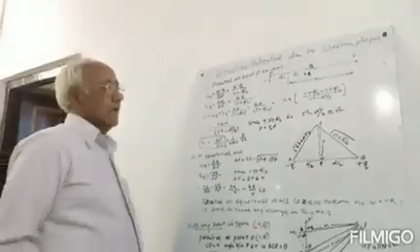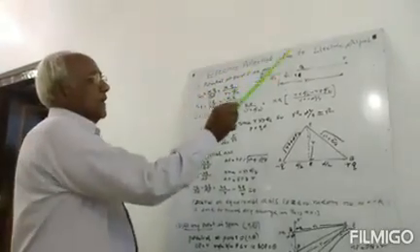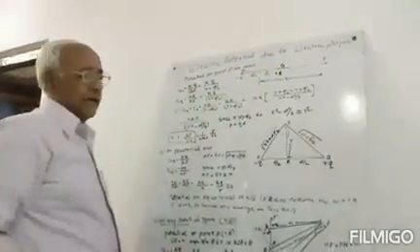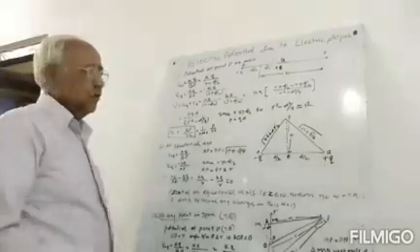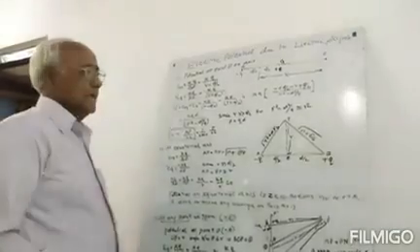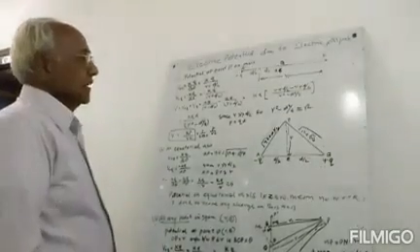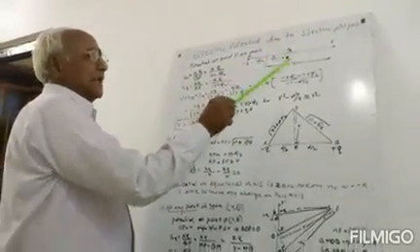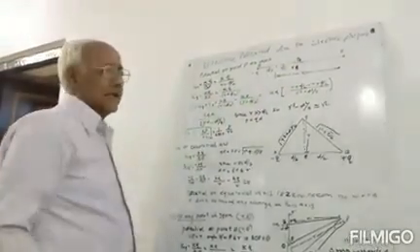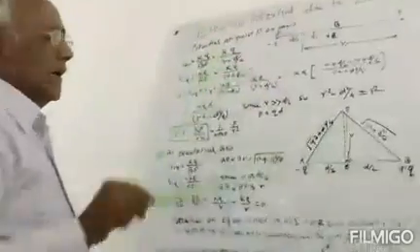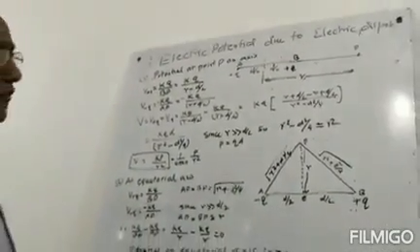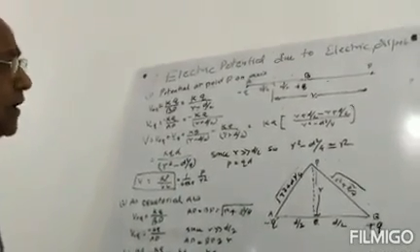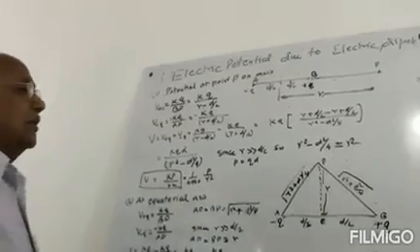So we will find the electrical potential due to an electrical dipole. As we know, an electrical dipole consists of two charges, one is plus q and another is minus q, separated by a small distance d. We want to find the electrical potential due to this dipole.